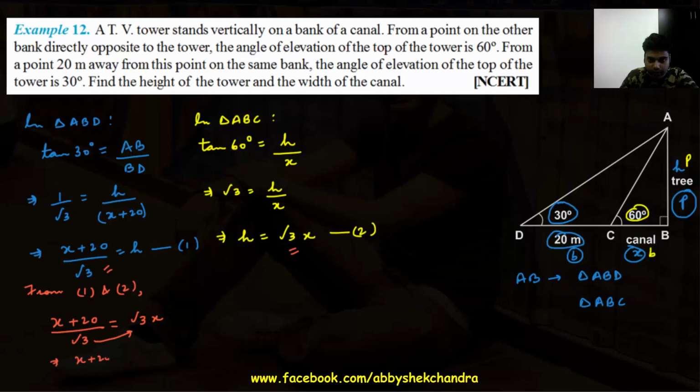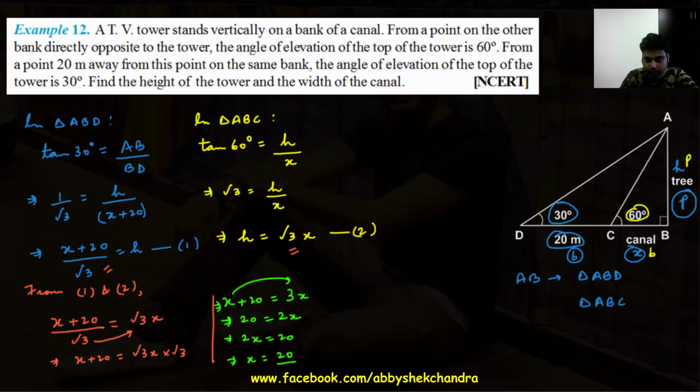We'll get x plus 20 equal to root 3x into root 3, or x plus 20 equal to root 3 into root 3 is 3x. Then take this x to the other side, so 20 will be 3x minus x is 2x, or 2x equal to 20, or x equal to 20 by 2 equal to 10 meters. So we got the width of the canal as 10 meters.